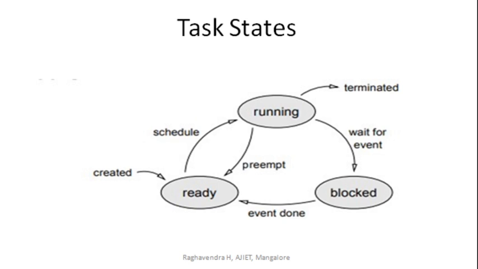Second is the ready state. Tasks that are not currently using the processor but are ready to run are in the ready state. There may be a queue of tasks in the ready state, which are ready to start executing.